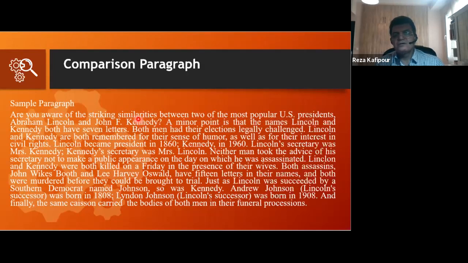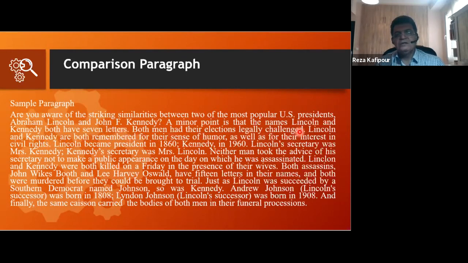So view the structure: there are similarities between, to formulate a topic sentence. Between two US presidents, this person and that person. So the first sentence here is, let's say, major supporting sentence number one. We say a minor point is that the names Lincoln and Kennedy both have 7 letters.